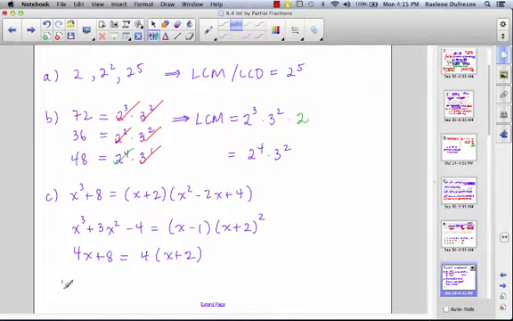And so now when we come to take inventory to get the lowest common multiple, or the LCD, lowest common denominator, I'm going to take everything from the first factor, from the first denominator or number.